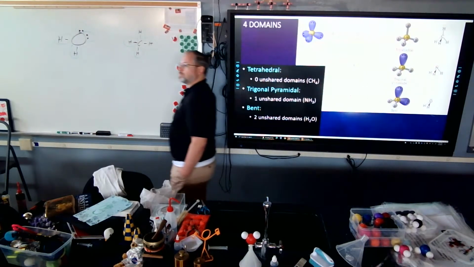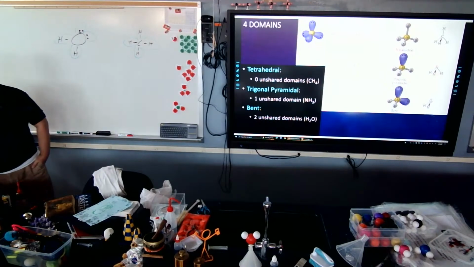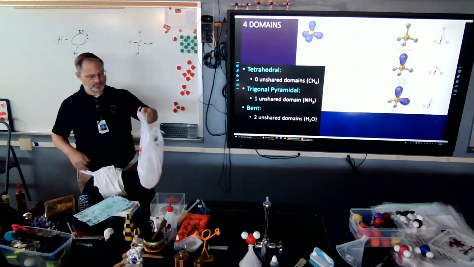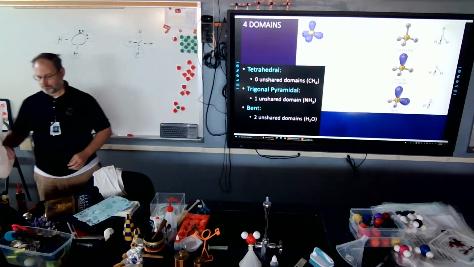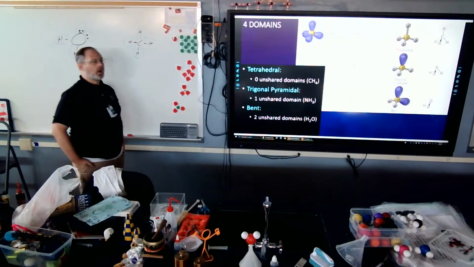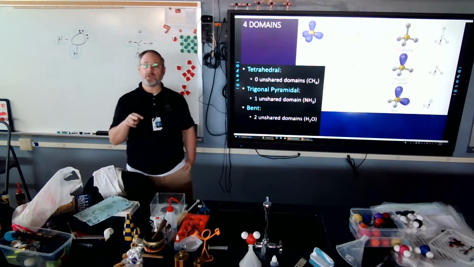Question, David. So is the bent always just going to have the two bonds, and no matter how many unshared pairs you have, it doesn't really matter as long as you have the two, it's going to be bent? So 2 of 4 or 2 of 3 will be bent.